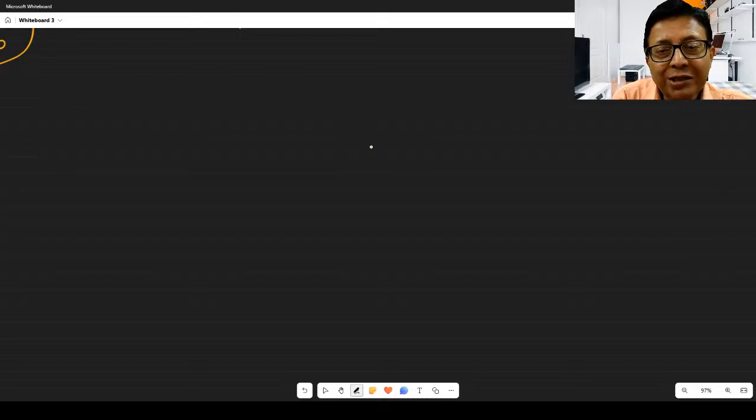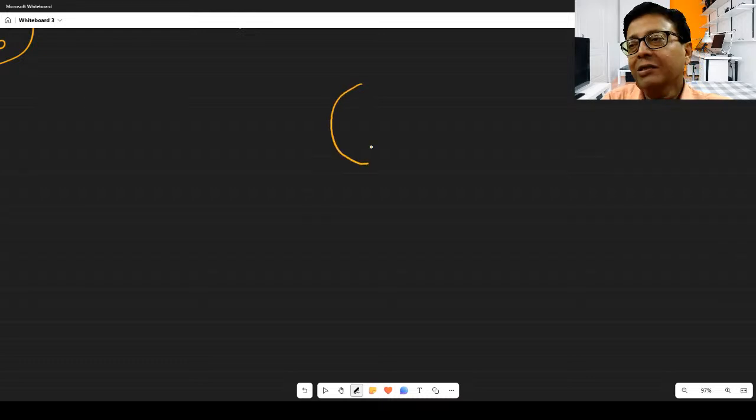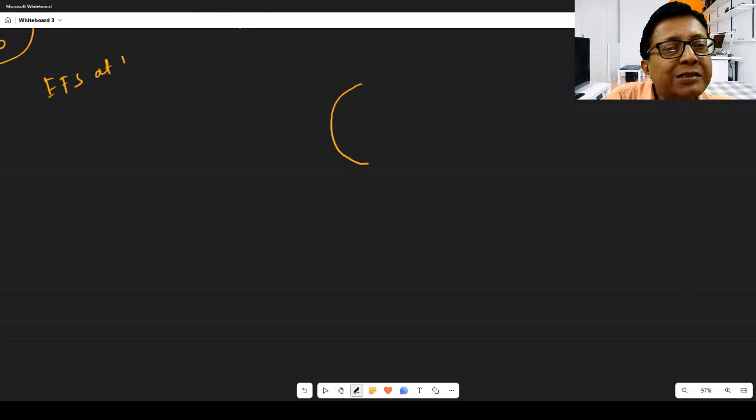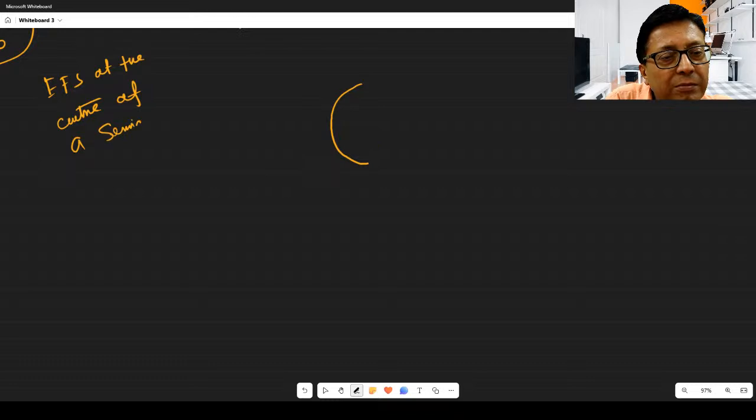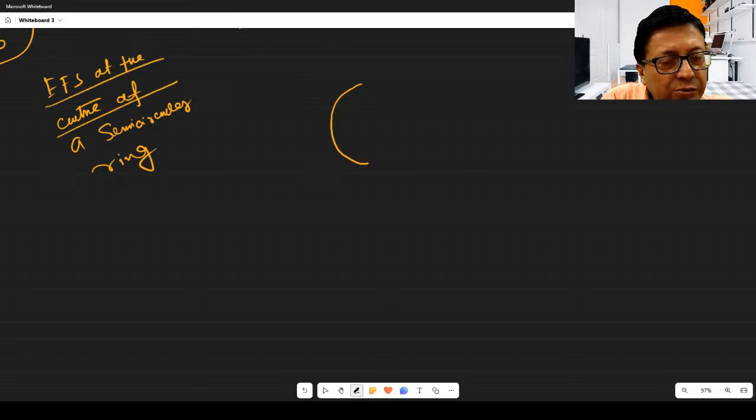So I am showing you due to a semicircular ring, but I can, okay, let us do it for semicircular ring first. This one is a semicircular ring. EFS at the center of a semicircular ring.